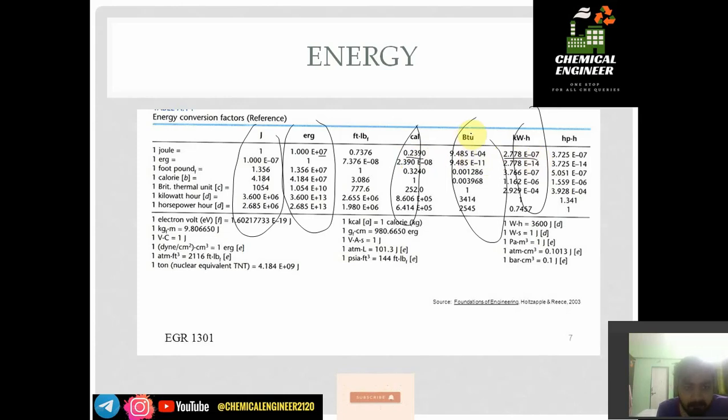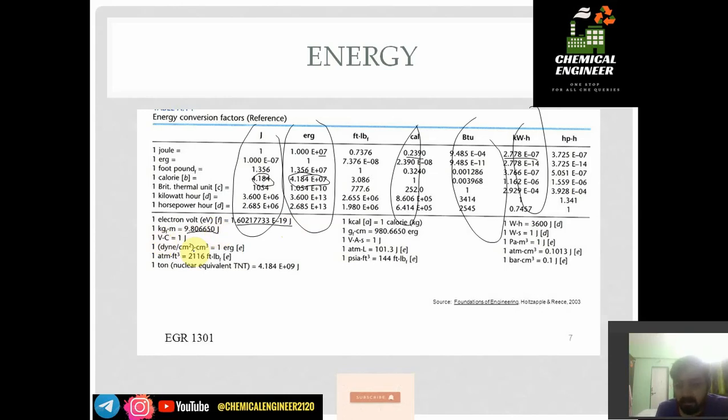BTU is generally given, no need to remember it. Or 1 calorie is 4.2 joules. You should remember this. Then we can directly multiply by 10 raised to 7 to get ergs. These small values you should remember. As well, 1 electron volt equals 1.6 into 10 raised to minus 19 joules. 1 kg force into meter is 9.8 joules. You should remember all these values.